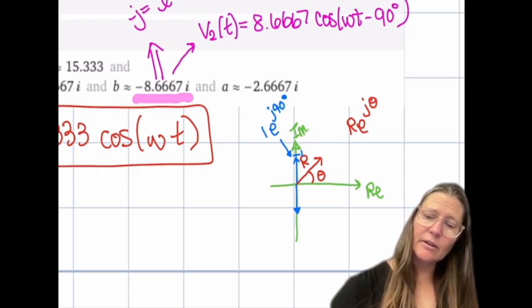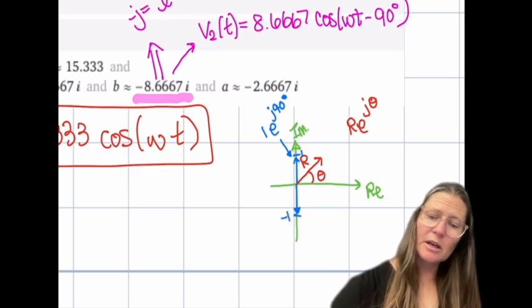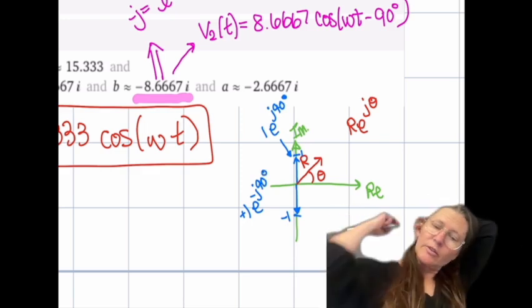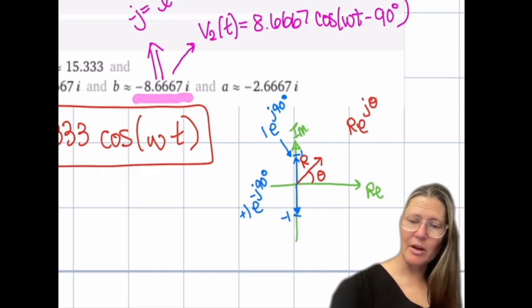So if it's a negative 1 here, then this is going to be negative 1 e, sorry, it's still 1. It's still the magnitude, which is 1, e^(-J90). So the magnitude is always positive.